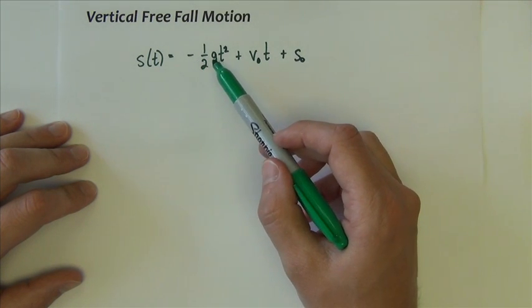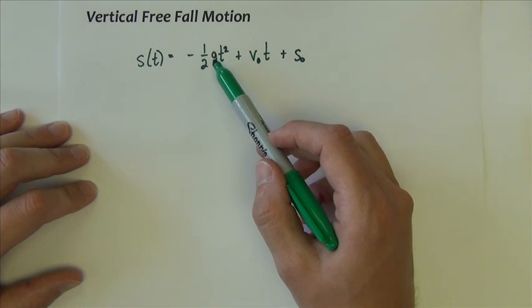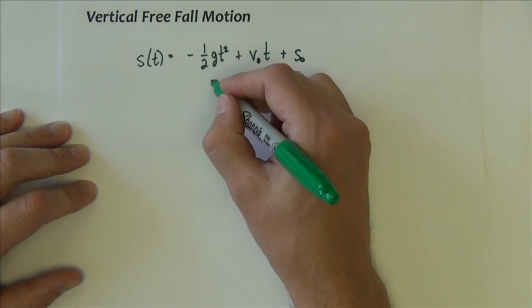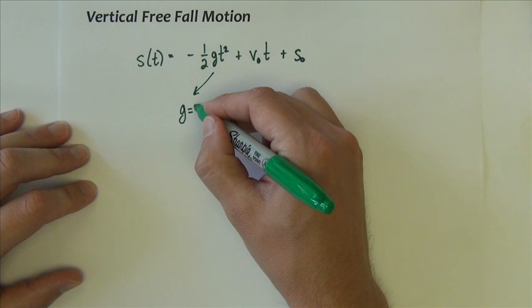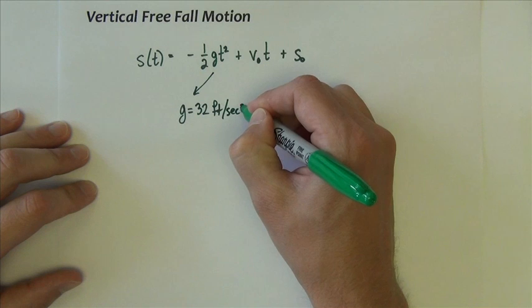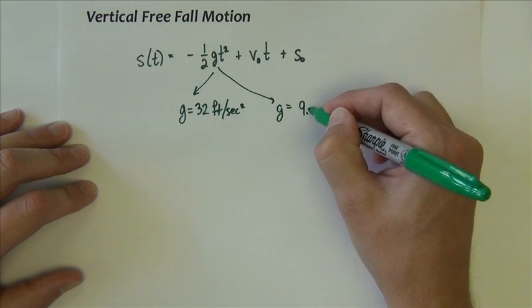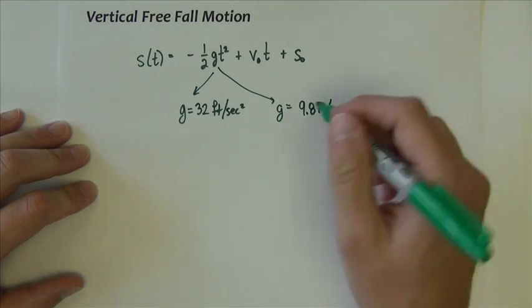Instead of -1/2 g t squared, g is the acceleration due to gravity constant, and we had said that g can be 32 feet per second squared, or g can be 9.8 meters per second squared.